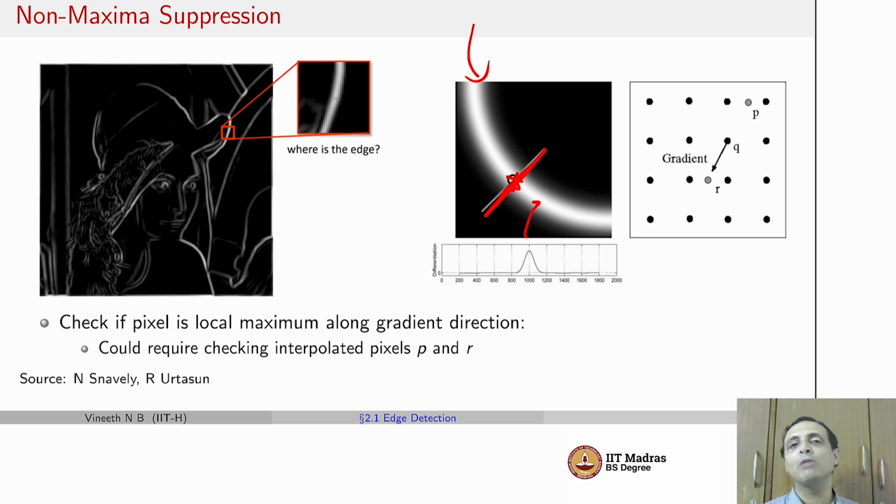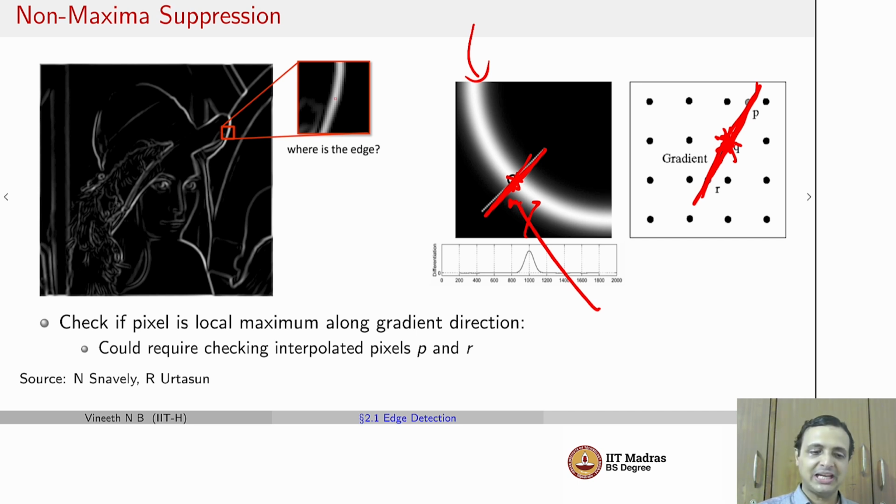Remember, the orientation of the gradient is always normal to the edge. So if you are at a pixel Q and the orientation of the gradient is along a particular direction, then you go along that direction. Let me try to draw that better. You go along the direction of the gradient and then try to see if this pixel is a maximum in that direction or not. For example, if you go along the direction of the gradient in this image, you want to retain only the pixel that has the highest gradient value and make any other pixel that is not the maximum into 0.